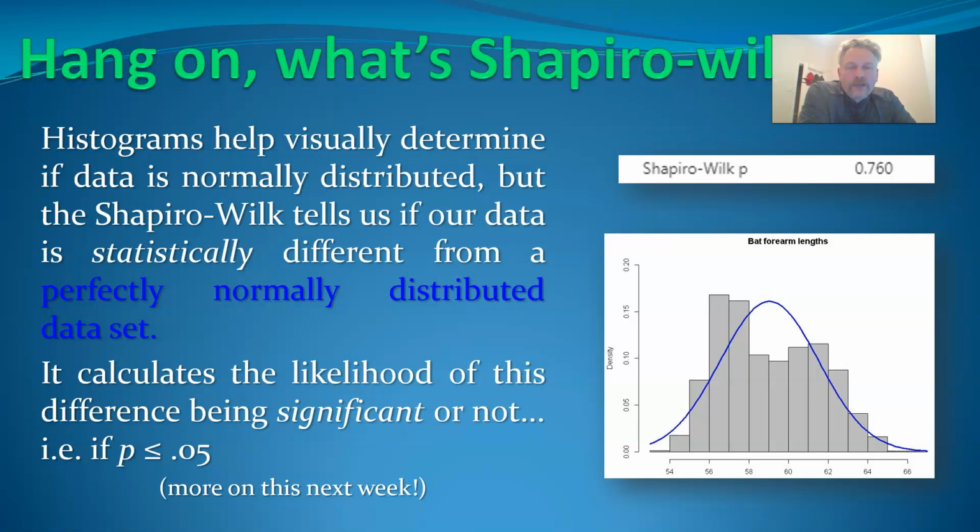And that way we can do a quick analysis to see, is our data significantly different from this perfectly normally distributed data set? So for instance, in this data here, we're looking at the forearm length of bats. And we can see the shape that it is here. And I've superimposed on this blue line here what a normally distributed data set would look like.